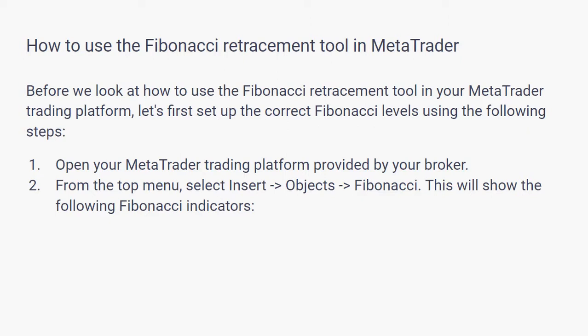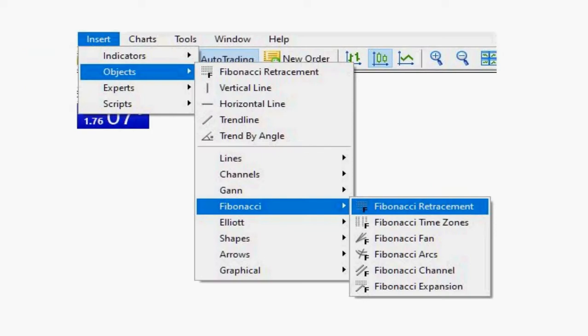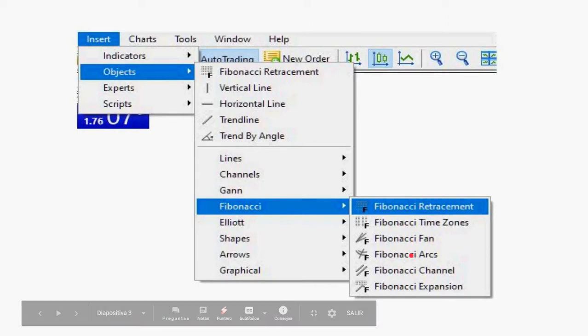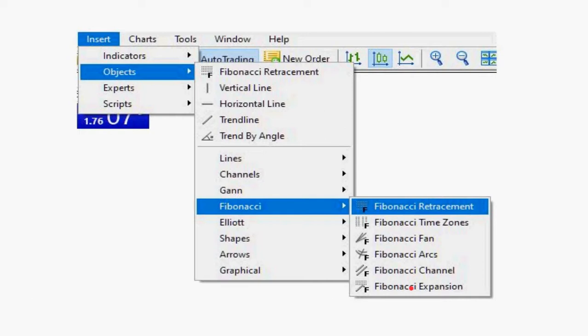Now, let's begin by setting up the correct Fibonacci levels using the following steps. 1. Open your MetaTrader trading platform provided by your broker. 2. From the top menu, select Insert, Objects, Fibonacci, and this will show the following Fibonacci indicators: Fibonacci retracement, Fibonacci time zones, Fibonacci fan, Fibonacci arcs, Fibonacci channel, and Fibonacci extension.